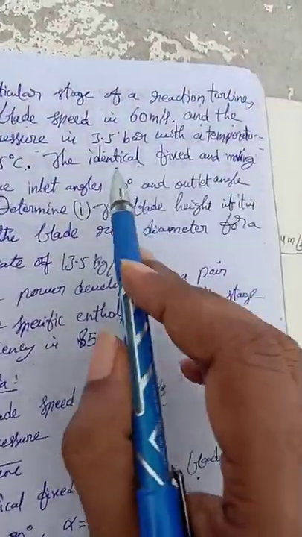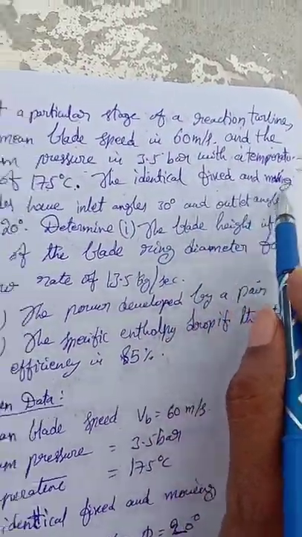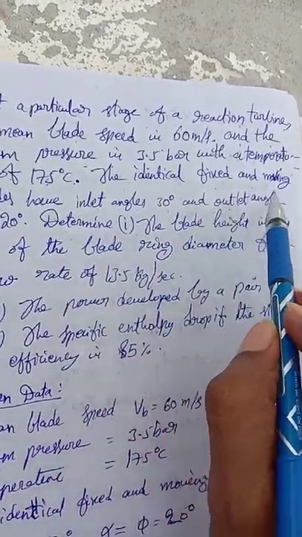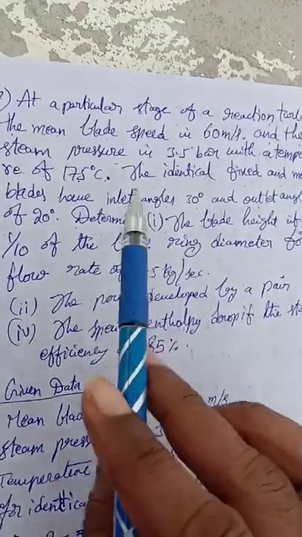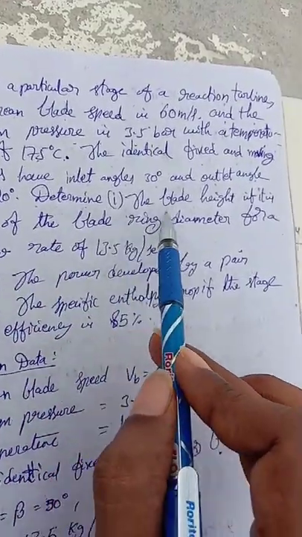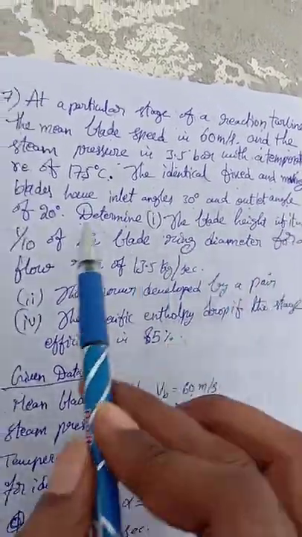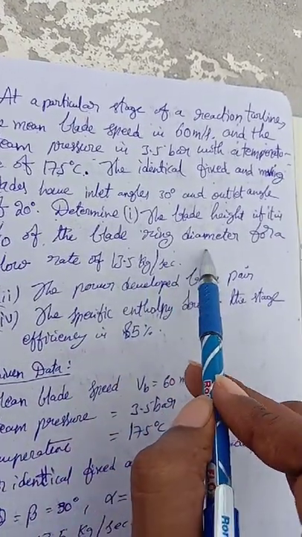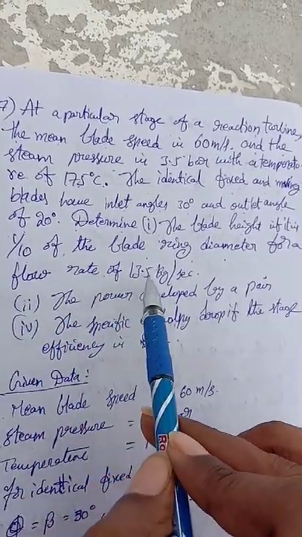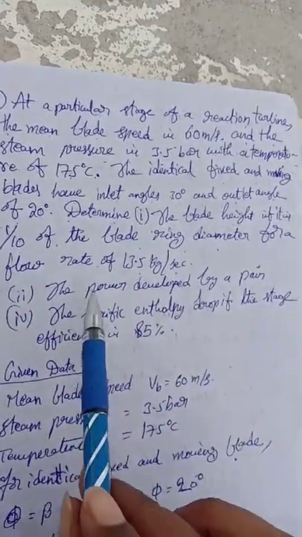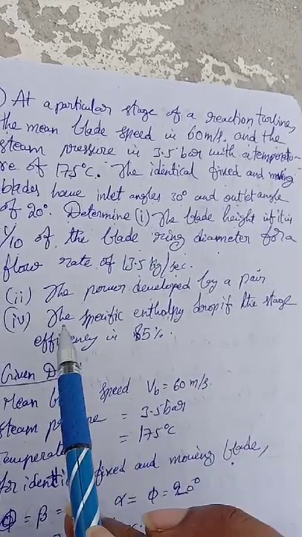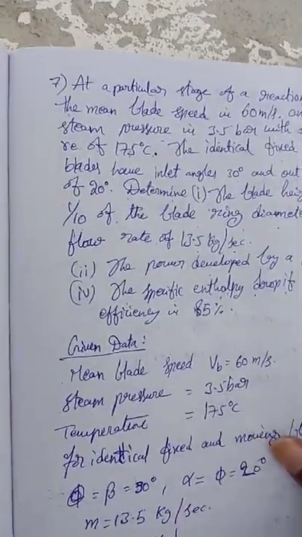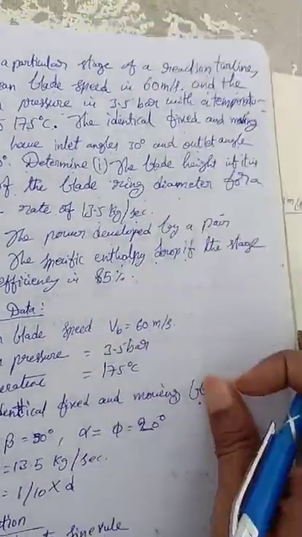The identical fixed and moving blades have inlet angles of 30 degrees and outlet angle of 20 degrees. Determine first, the blade height if it is 1/10 of the blade ring diameter for a flow rate of 13.5 kg per second. Then the power developed by a pair, and the specific enthalpy drop if the stage efficiency is 85%. So this is the problem given.